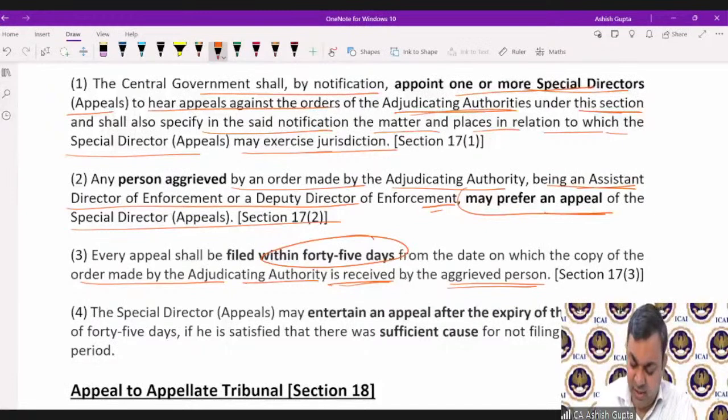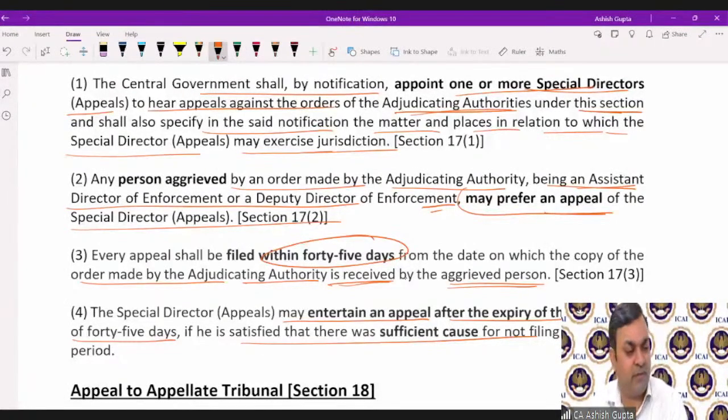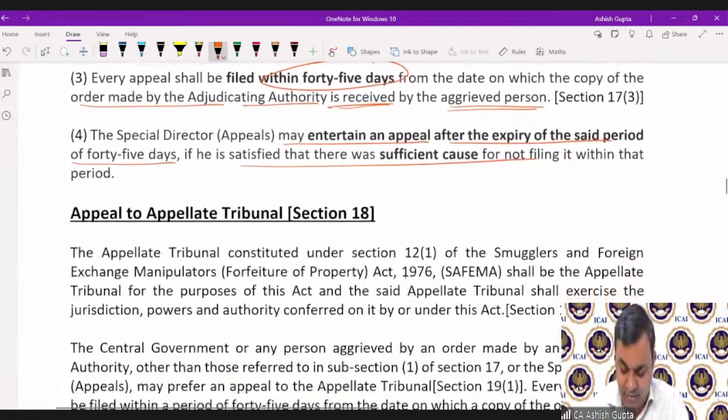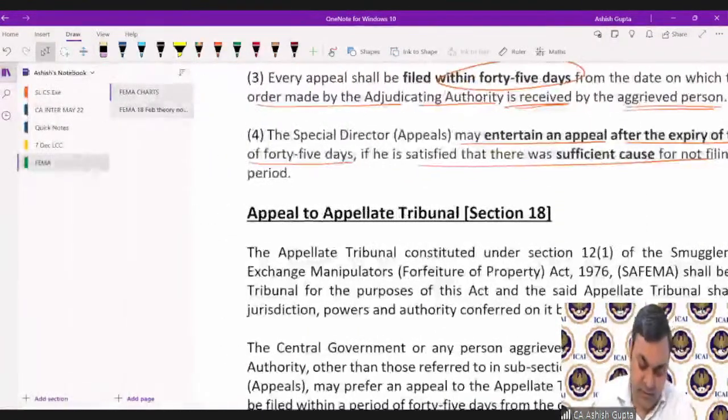The Special Director Appeals may entertain an appeal after the expiry of the said period of 45 days if it is satisfied that the person was prevented by a sufficient reason from filing that appeal. Okay, so this is the concept.